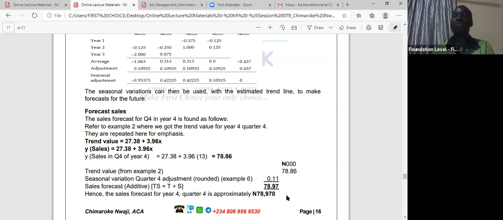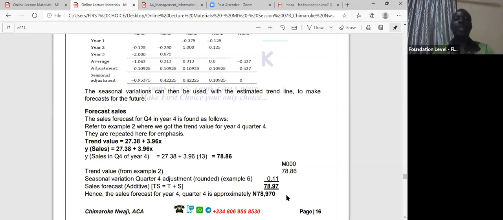If it is more than 0, it means you have to less something to get 0. If it is less than 0, it means you have to add something to make it 0. That thing you're going to add or less, share it across board and get your seasonal adjustment. That seasonal adjustment will give you exactly equals to 0.